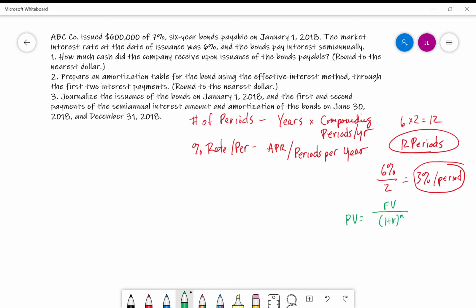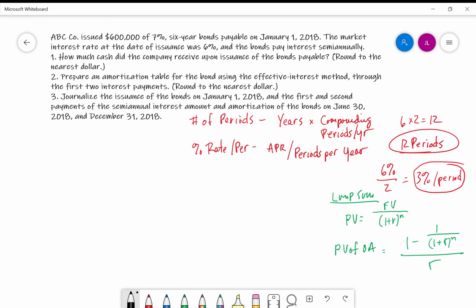This is present value of 1, a lump sum. For present value of an ordinary annuity, this is a little bit different: it's 1 minus 1 over 1 plus r to the n, and this whole thing divided by the rate per period.